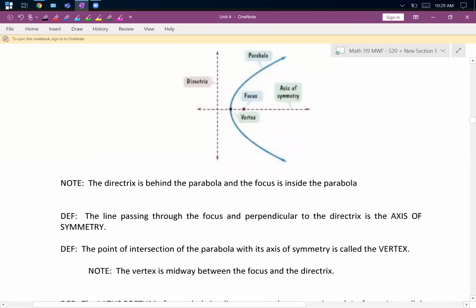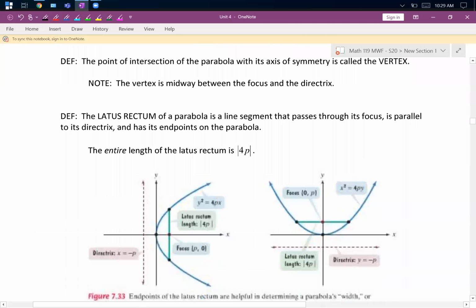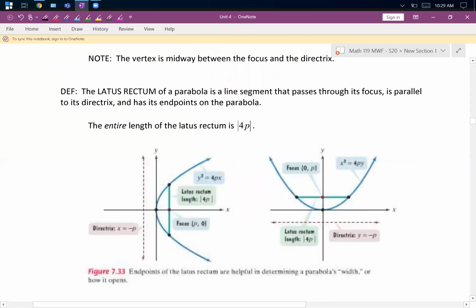So how do we determine how wide the parabola is? It's a line called the latus rectum. This is the line segment that passes through the focus, is parallel to the directrix, and its endpoints are on the parabola. The entire length of the latus rectum is the absolute value of 4p. They have to say absolute value because we're talking about a distance, so we don't want a negative number.